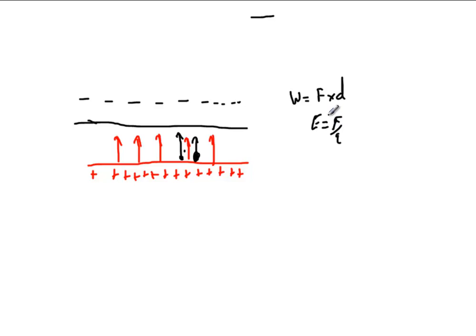We put these two things together and come up with the idea that the work done to move a charge a distance through this is force times distance, which is E times Q times D. This tells me how much work is done on each one of these particles.